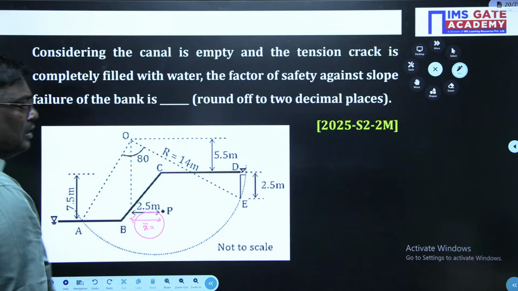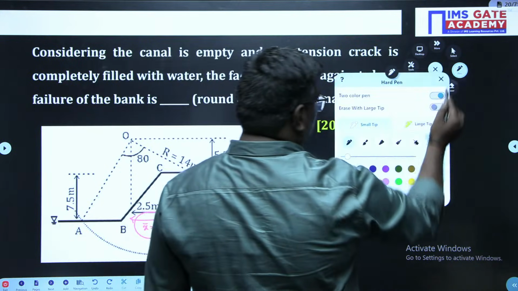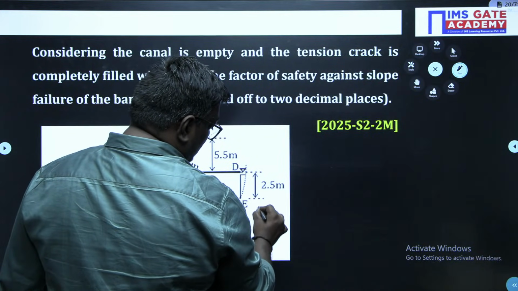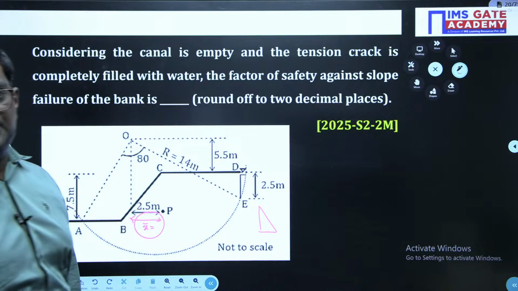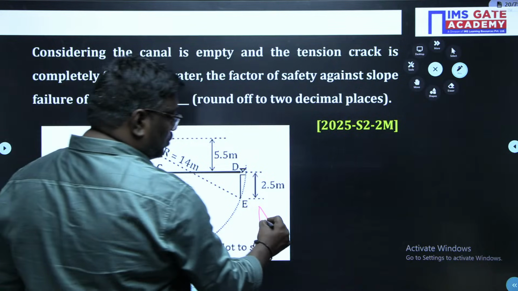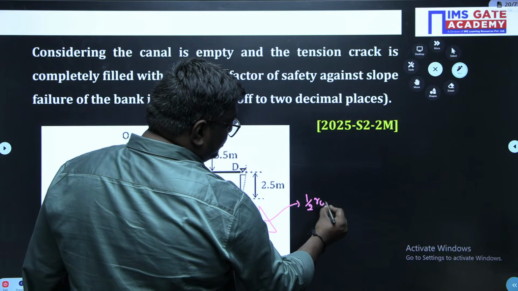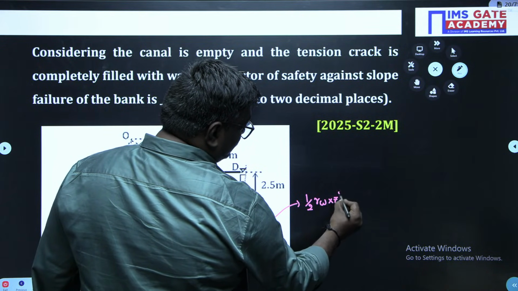When they give you the additional force here, if you consider the pore water pressure, what is the pore water pressure force? Usually the pore water pressure force is given by the formula half into gamma W into Z square.